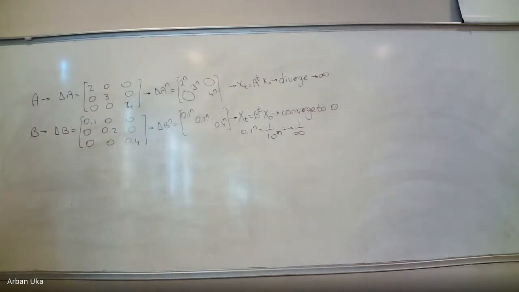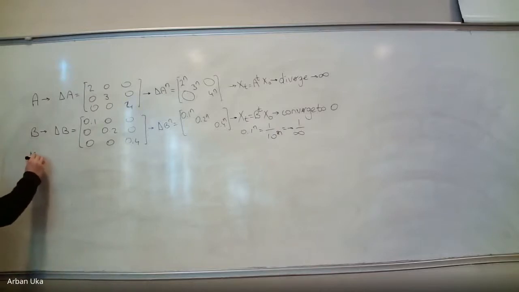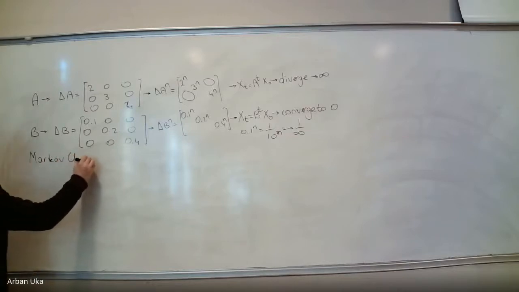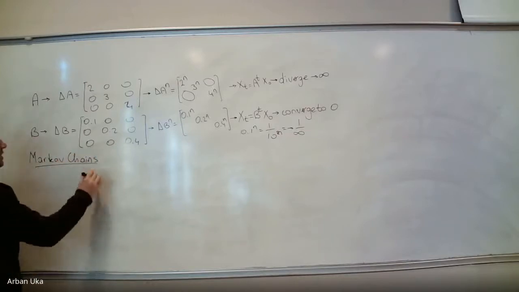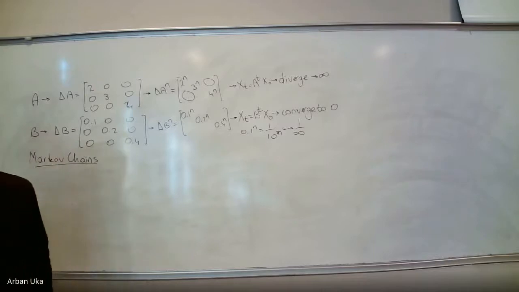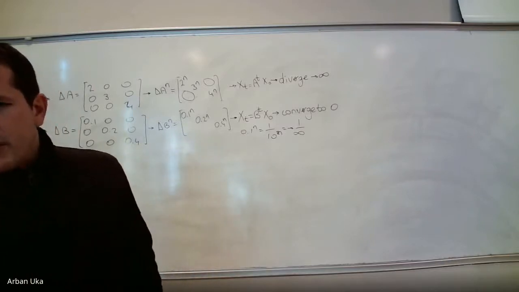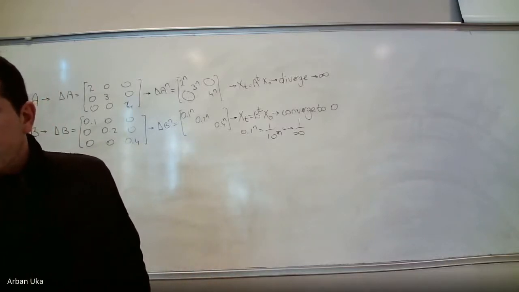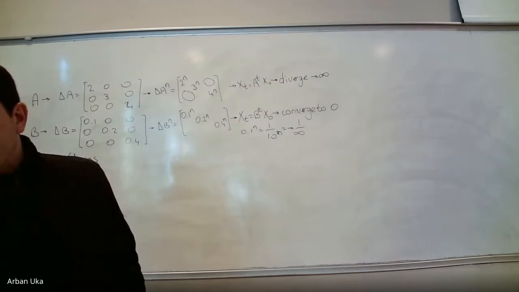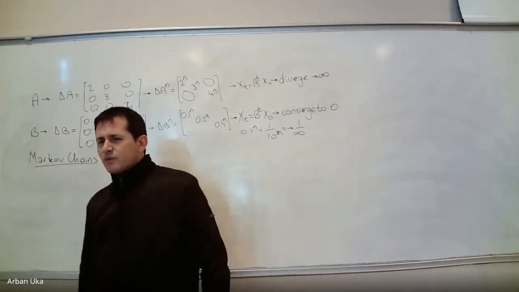And now there is a complete set of problems which can be described as Markov chains. Let me write here the theory. We have Markov chains, and Markov chains involve Markov matrices. Markov matrices have a special construct. It's not difficult. It has a couple of wonderful properties which make everything much simpler, which we're going to talk about.